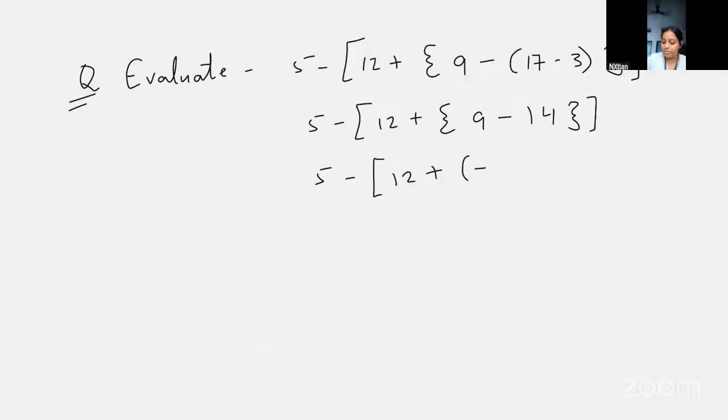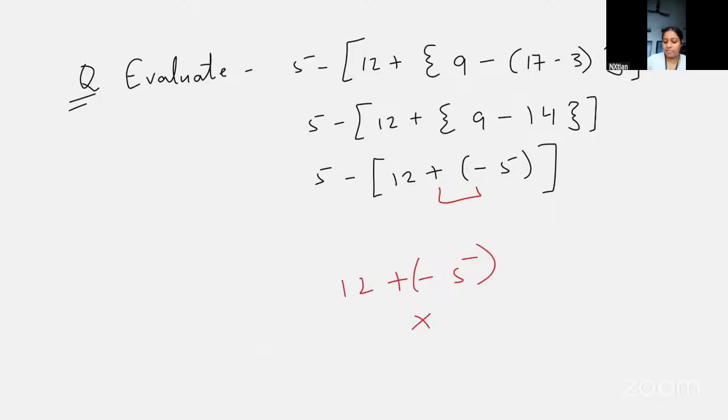Minus 5. Now you will tell me, ma'am, again you have put a round bracket or a small bracket. Why have I done that? Because the signs are different. You cannot write plus minus just like that, like 12 plus minus 5.